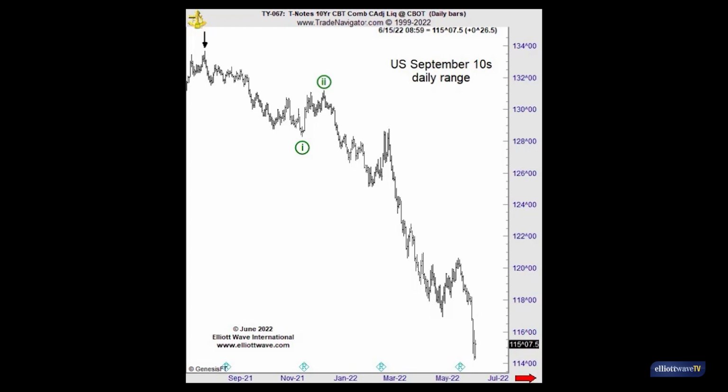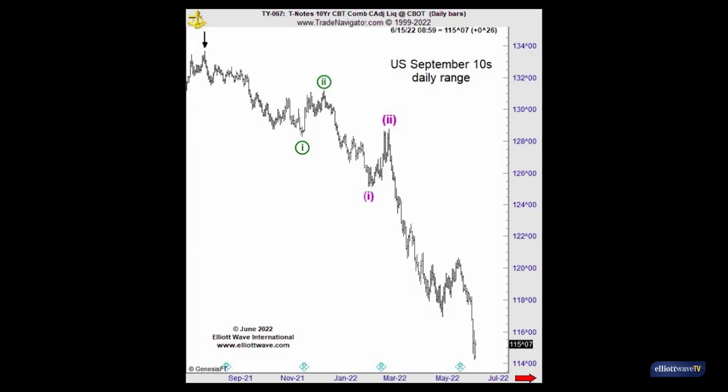Well, that recovery overlapped the end of wave 1. And that meant that I needed to count another 1, 2. So wave 3, that's the green circle 3, was subdividing into 5 waves of its own. And if I'm counting 1, 2, 1, 2, the wave principle tells me that the market in question, in this case 10-year notes, should stage an extended decline, a strong decline.